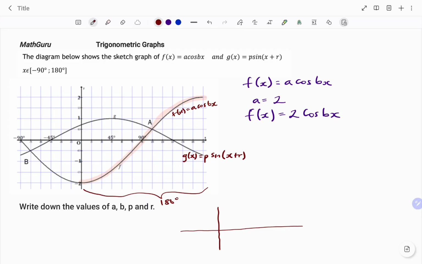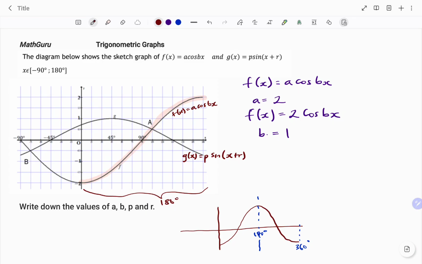A quick recap, if I compare that to my standard cos graph, I have half of that for 180, and that simply means if I complete the graph, I'll have that by 360 degrees. So therefore, my b for the graph is going to be 1.